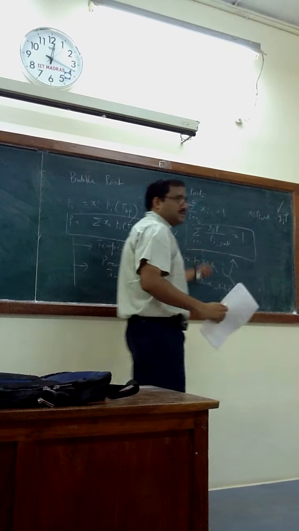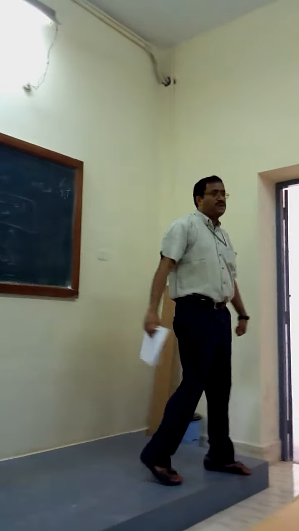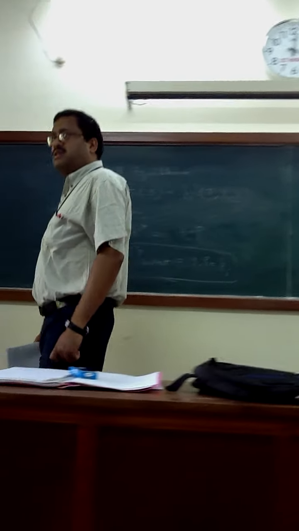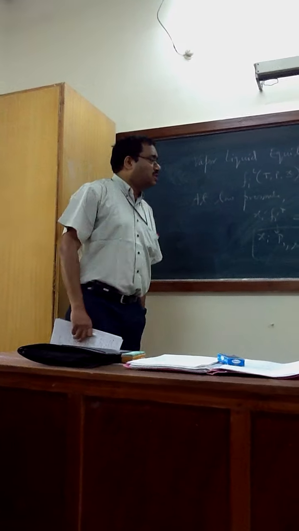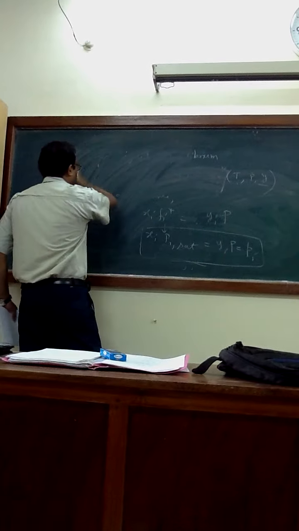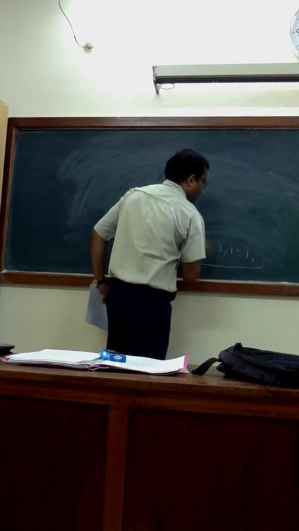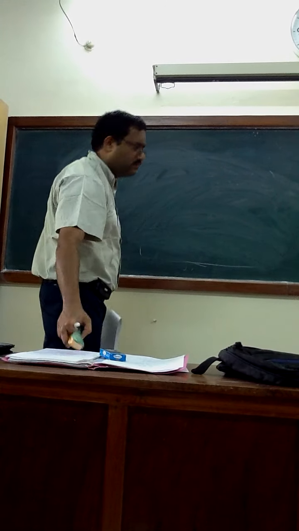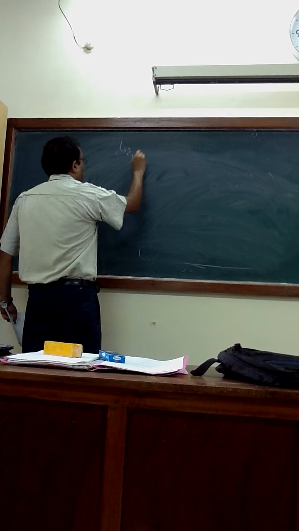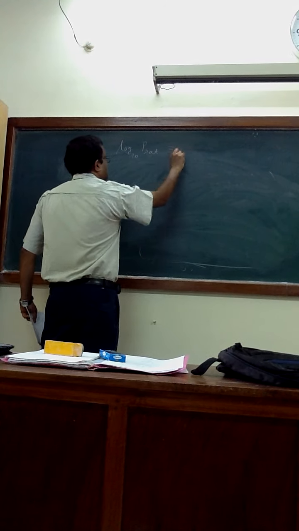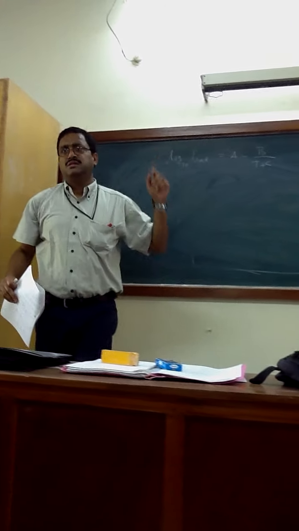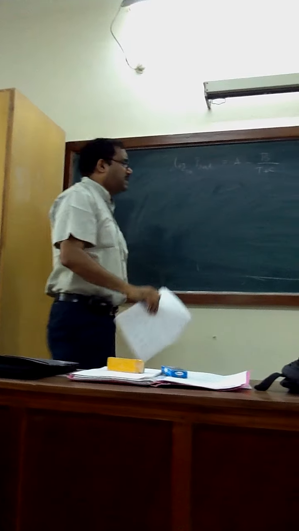So we have two situations. If the temperature is given, we have a direct solution. If the temperature is not given, you don't know P_i sat. P_i sat is given by the Antoine equation: log10 P_i sat equals A minus B by (T plus C).